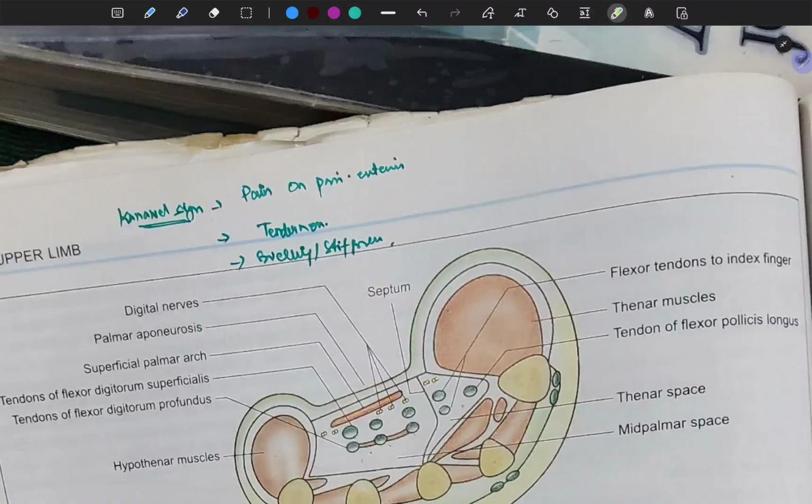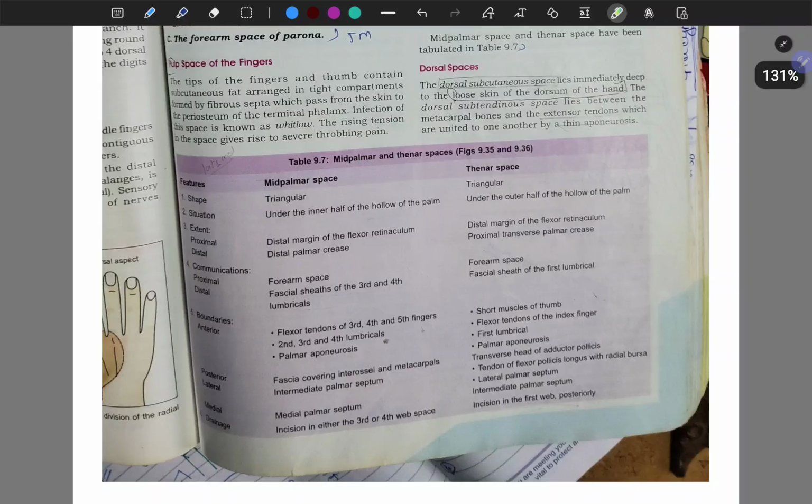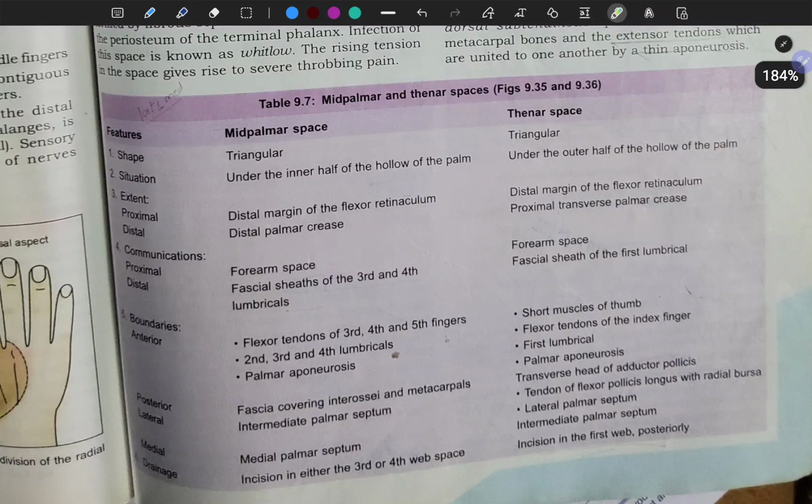So a clinical significance called Kanavel sign. So what is Kanavel sign? Pain on passive extension over the mid-palmar space, tenderness, swelling and stiffness present. Mid-palmar space is triangular, under the inner half of the hollow of the palm, distal to the flexor retinaculum, proximal to the distal palmar crease.